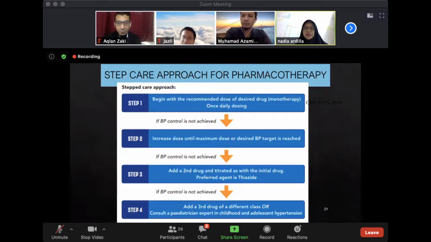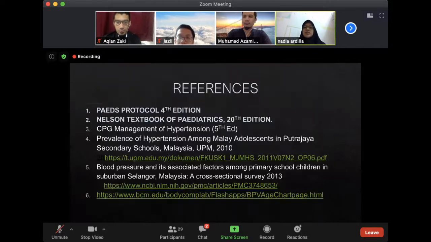If it fails as well, we can add a second drug and titrate it as with the initial drug. Usually the second drug is a thiazide. If after the second drug the target is still not achieved, we can add a third drug of a different class, or at this point in time, consult a pediatrician expert in childhood and adolescent hypertension. So basically that's all from me.